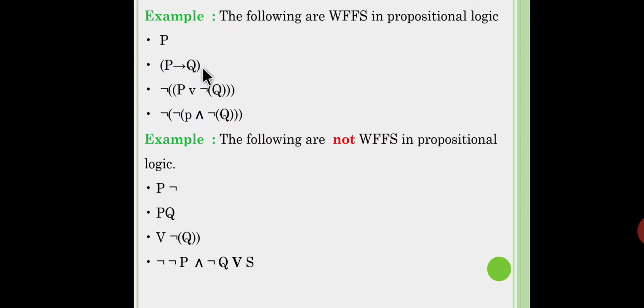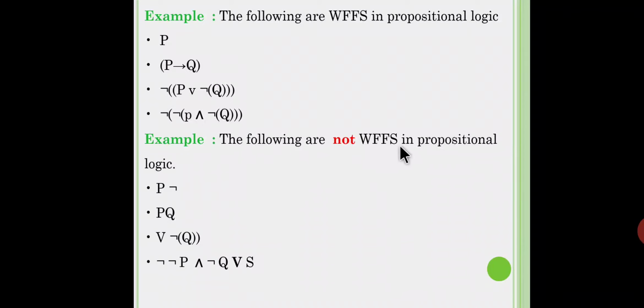P implication Q closed in parentheses, this is a completed rule, so this is also a well-formed formula. Negation of P or negation of Q, this is also a well-formed formula. Negation of P conjunction negation of Q, this is also a well-formed formula.